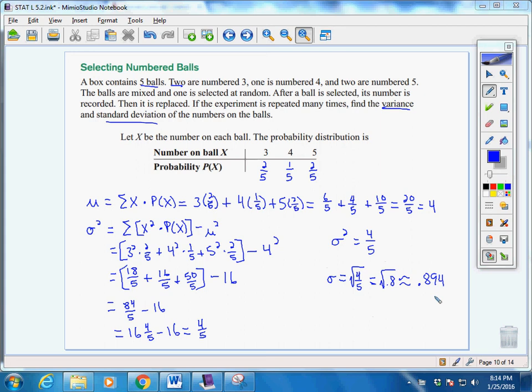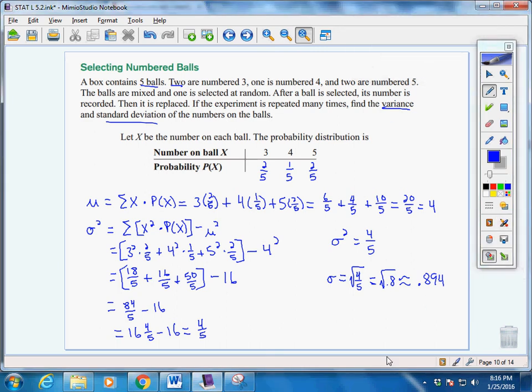Now remember, what standard deviation and variance mean is how spread out the data is.